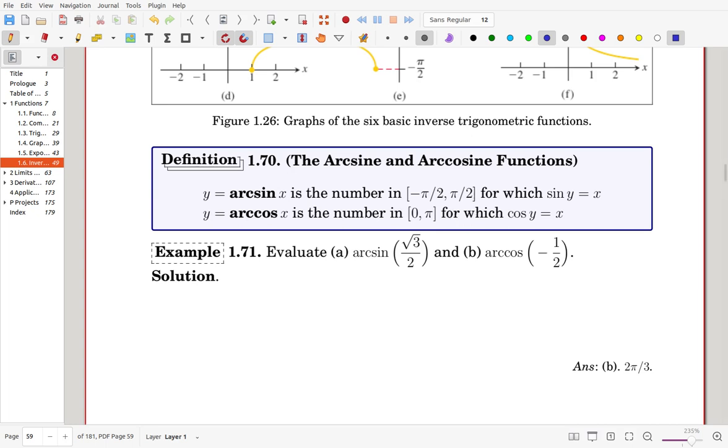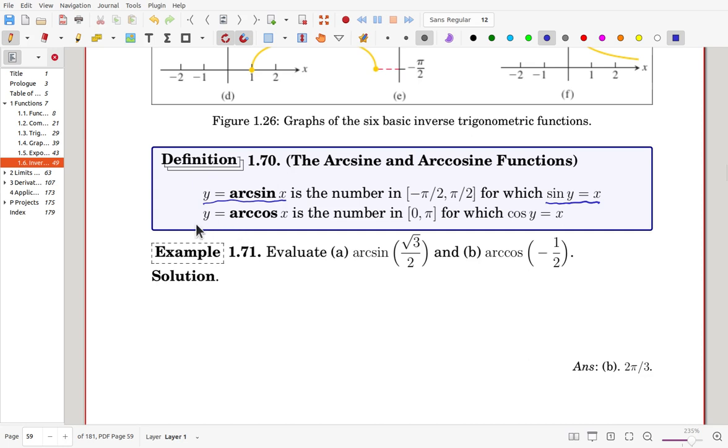Solving for y or for x, we reach these statements. In this way, it is defined, exactly the same way as the definition of logarithmic functions as the inverse of exponential functions.